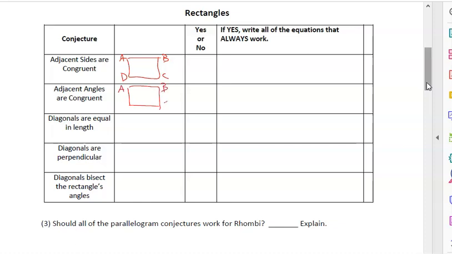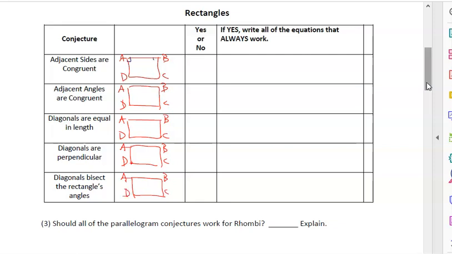The question that's being asked here is, are the adjacent sides congruent? And if the answer is yes, then you're supposed to write the equation, just like we did for the parallelogram, so that you know what things are actually congruent. And you're supposed to also mark the picture to show that.